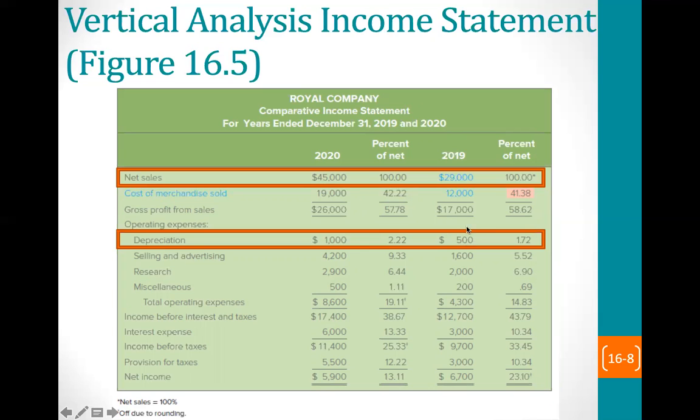In 2019, we had $500 of depreciation and net sales of $29,000. So 2020, 1,000 divided by 45,000 is 0.0222 or 2.22%. In 2019, 500 divided by 29,000 is 0.0172 or 1.72%. Again, make sure you're using the proper base to divide by.